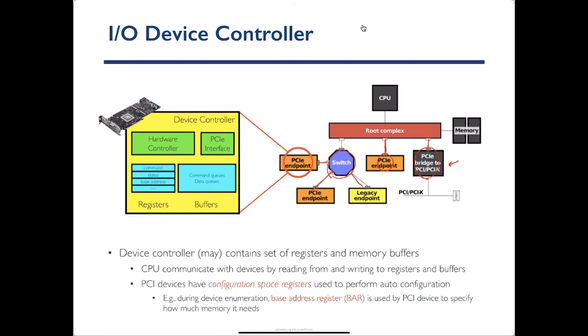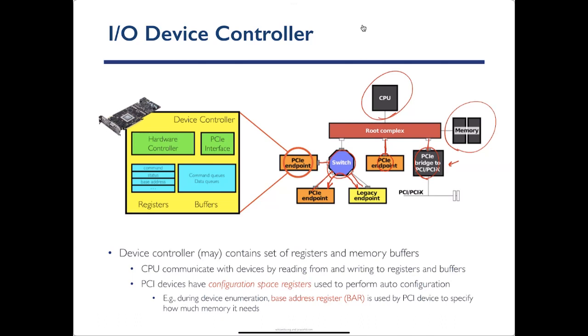So as I again mentioned in the previous slide, PCIe also allows point-to-point communication. So each endpoint can now talk to another endpoint. So it's a bidirectional communication. The two main endpoints in this figure are the CPU and the memory. So these are also considered as endpoints.